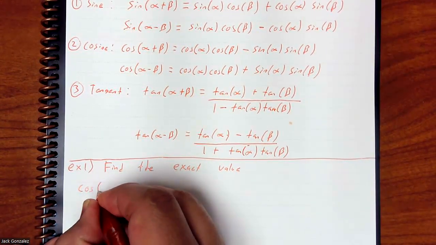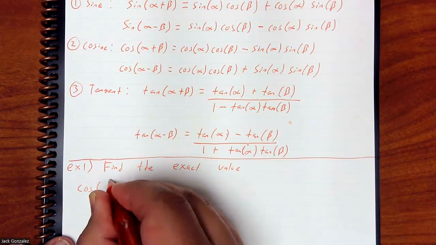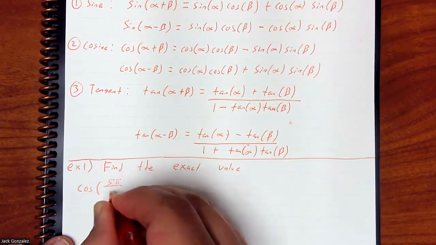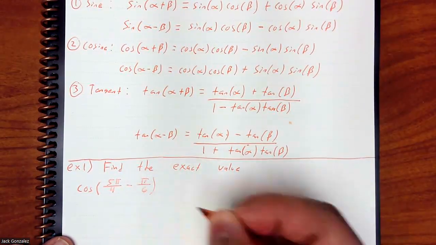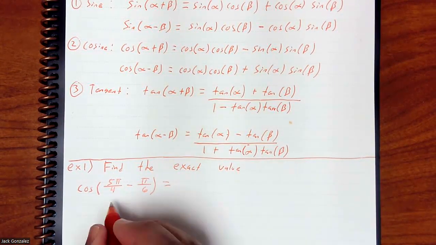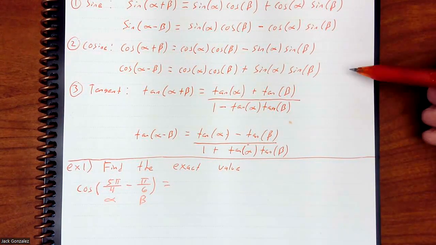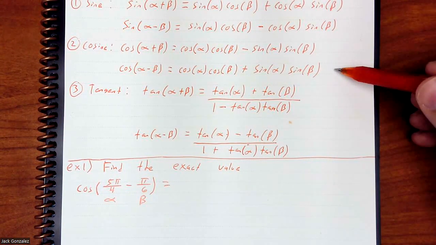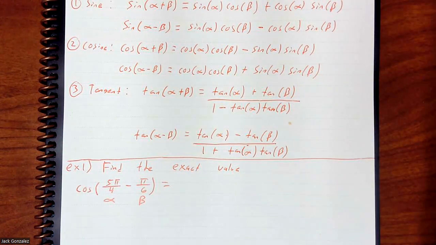So cosine of, I'll go ahead and split it for you, 5 pi over 4 minus pi over 6. When you see this, you should be thinking, okay, I have an alpha and a beta. It looks like the second formula, right? So just plug in the alphas and betas in the correct spots and find them on your circle. That's all you're doing.